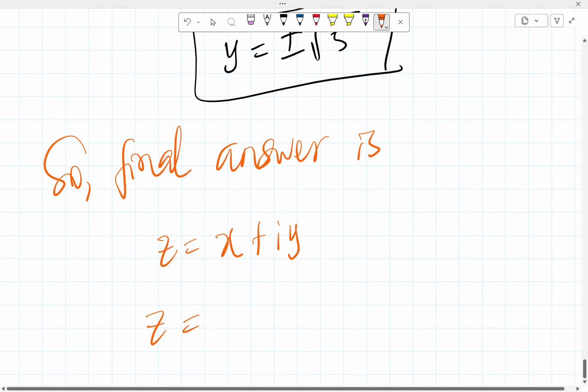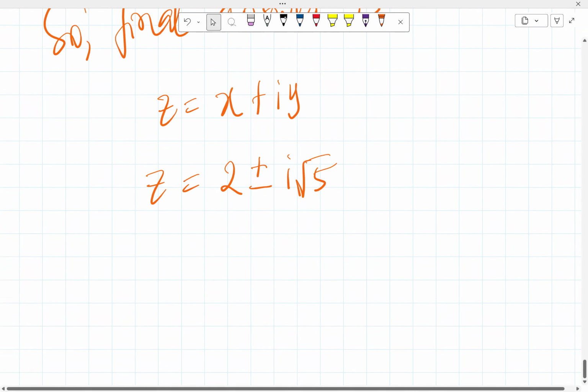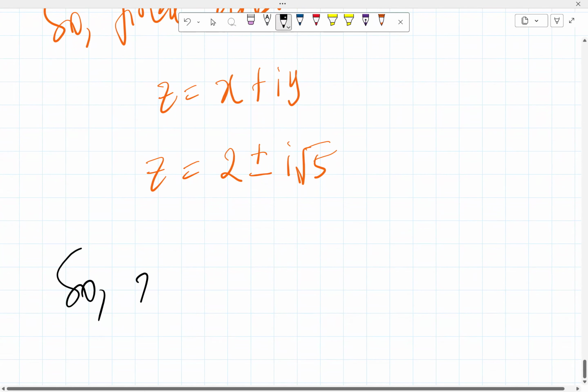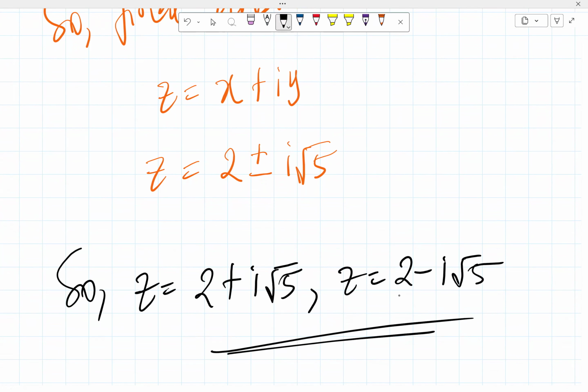So z is equal to x, which is 2, plus or minus iy, and y is root 5. So we can finally write that z can be 2 plus i root 5, or z can be 2 minus i root 5. And that is what we need for that.